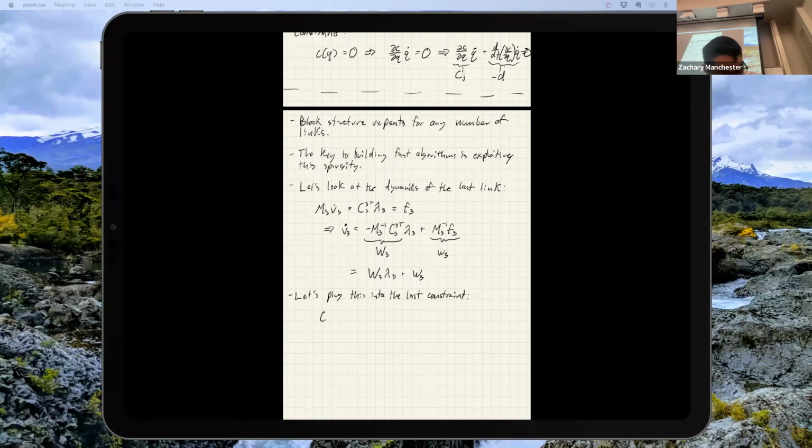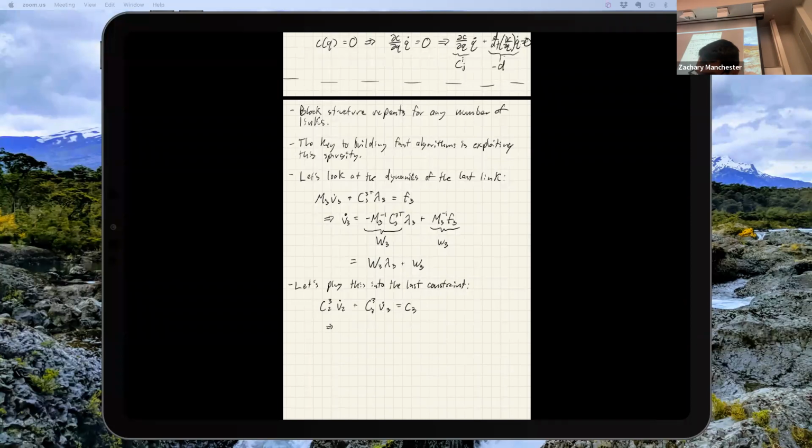So that equation on its own is just this. I'm going to plug in my result there for V dot 3 and eliminate V dot 3, right?